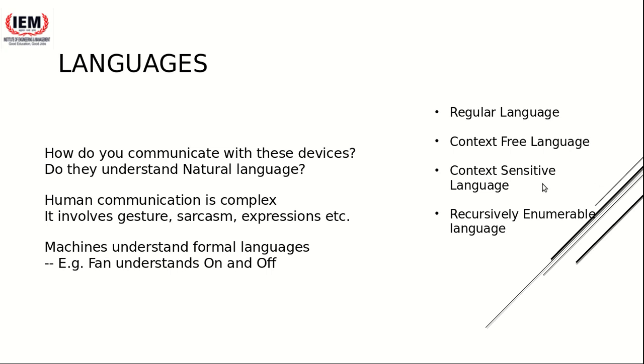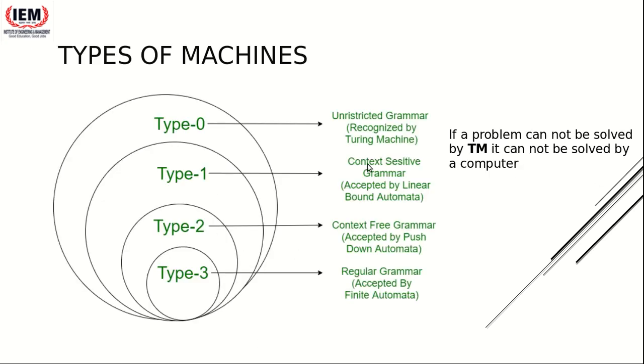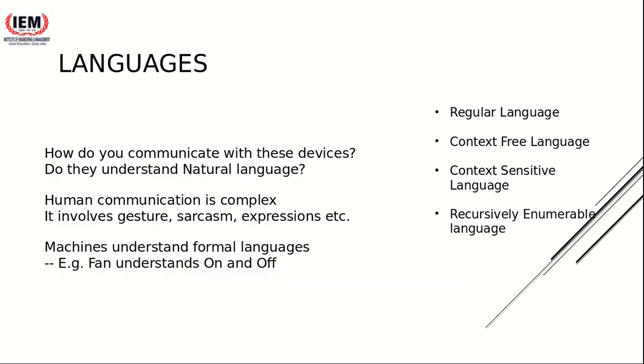If you go to this diagram, it will be more clear. Next, see, linear bounded automata will understand context sensitive language as well as context free language and regular language. And lastly, the Turing machine understands recursively enumerable language.